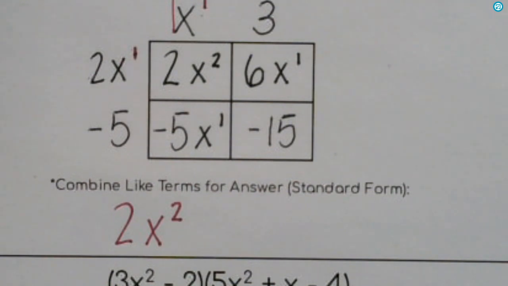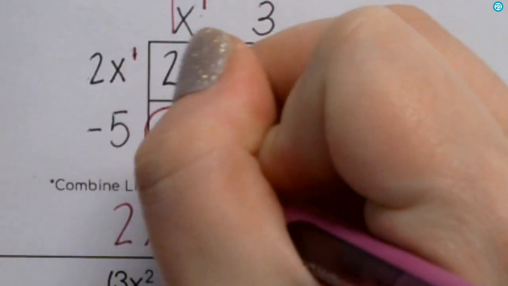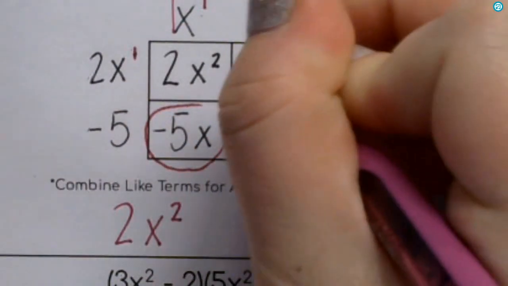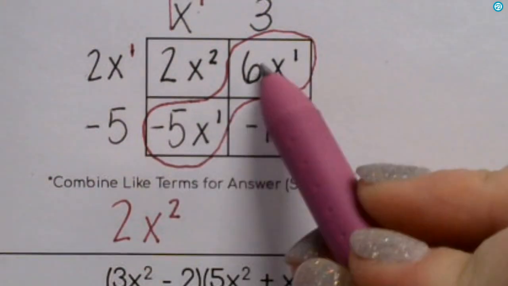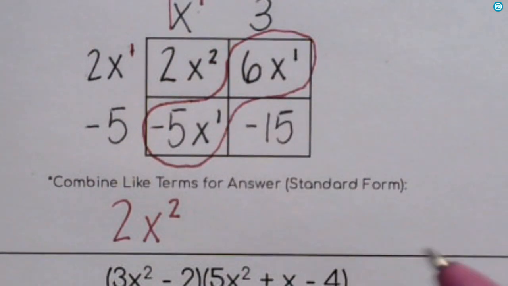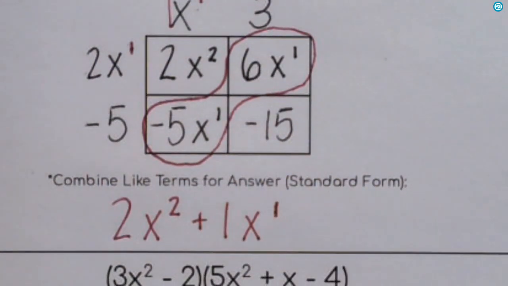Okay, then this negative 5x to the first and this 6x to the first can combine together because they are both x to the first. So we can combine those just like we combined like terms when we were doing 5.1 and 5.2. So negative 5 plus 6 is positive 1. It's going to be plus 1x to the first.